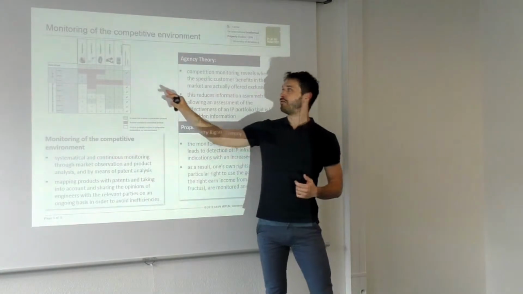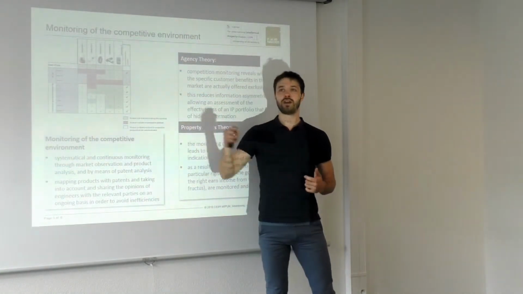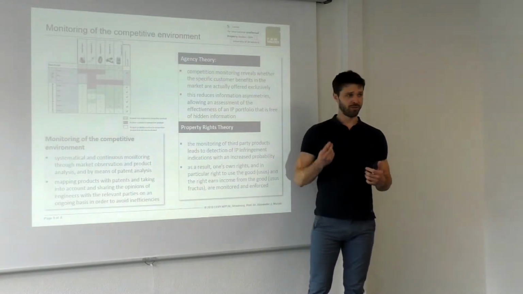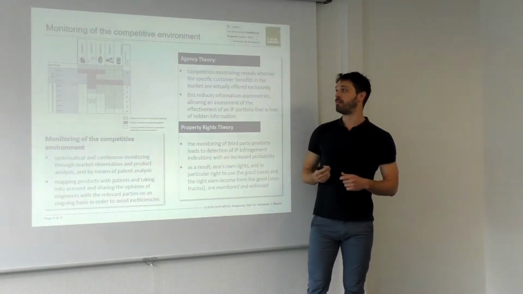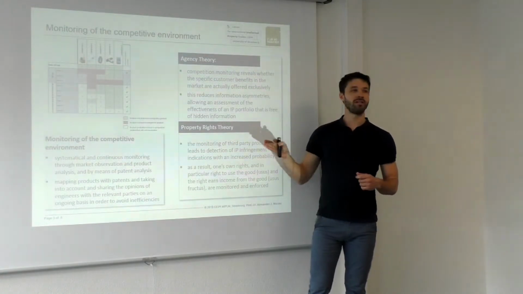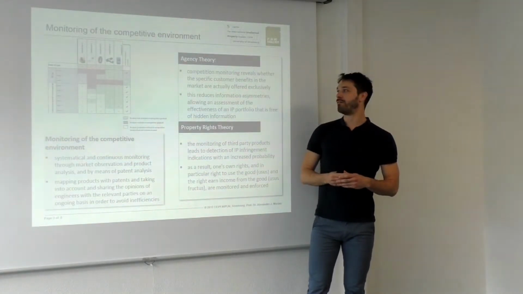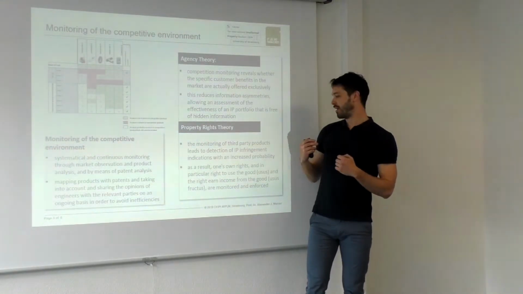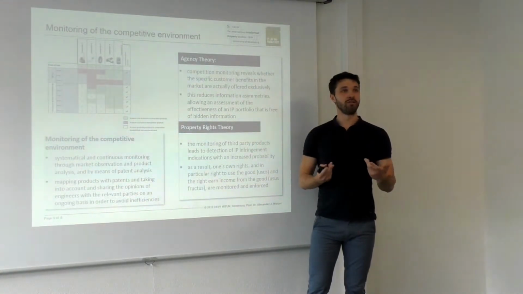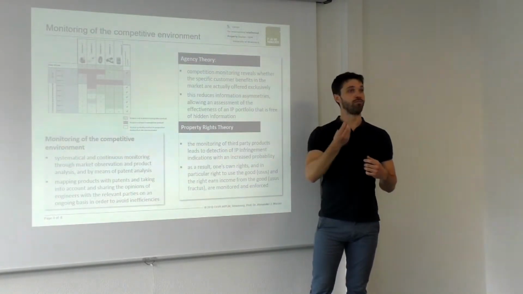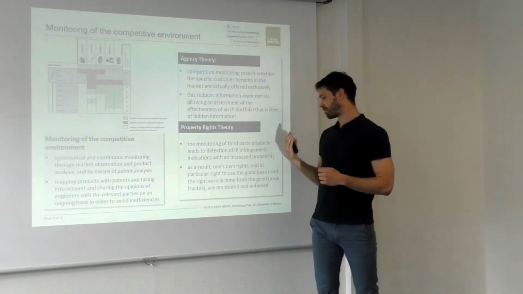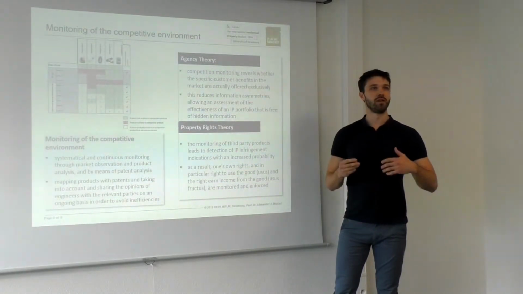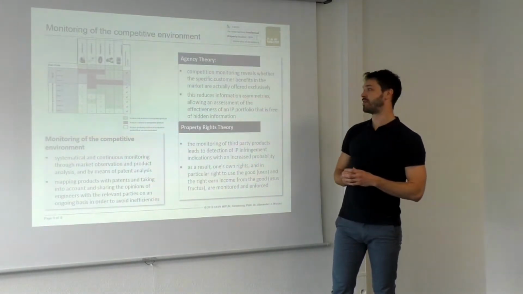And then, by doing that continuously, we will also be able to detect, with higher probability, infringement of our IP. So in terms of property rights theory, it means that we will have a better vision of how we can maybe generate revenues or enforce this property. So this is also a way, according to the property rights theory, to improve our efficiency.